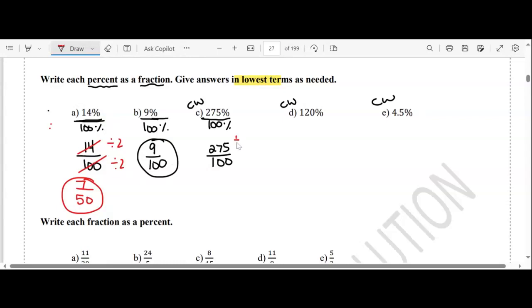Okay, so 275 divided by 100. Then you have to reduce it. Divide by what? By 5, right? You divide by 5, what do you get? 55. And here, 20. Can I divide by 5 more? Yeah.